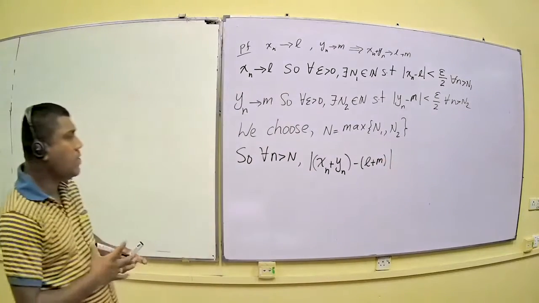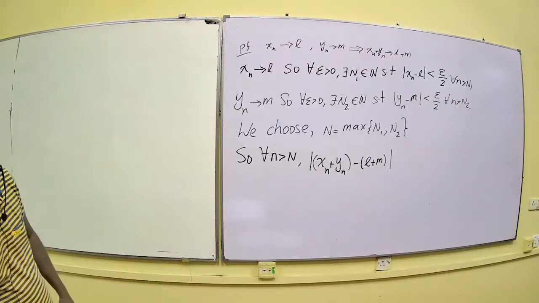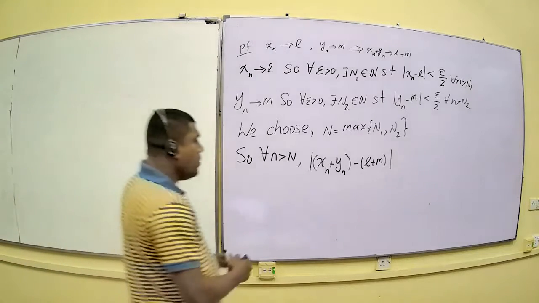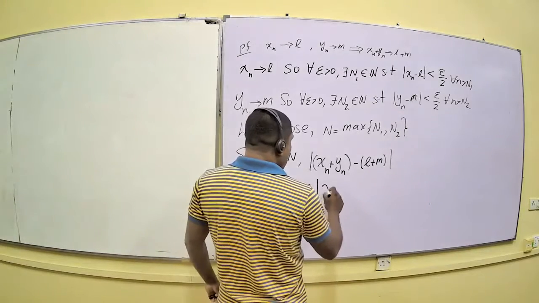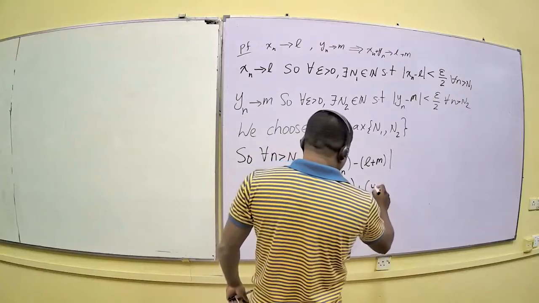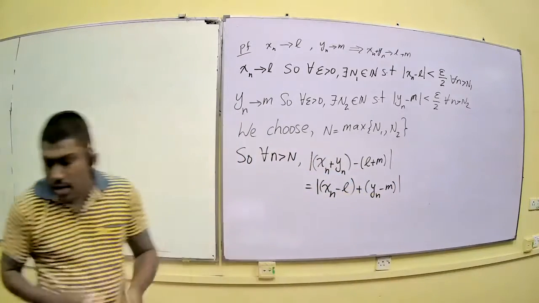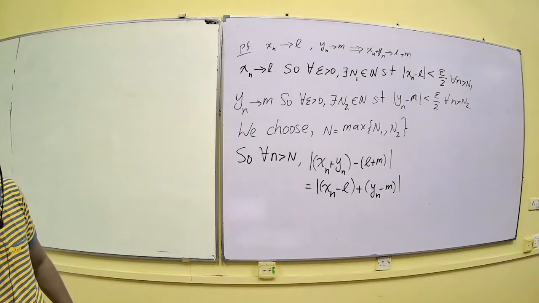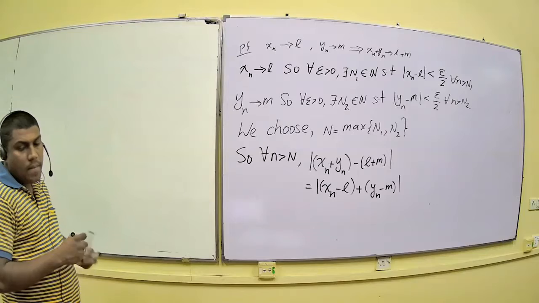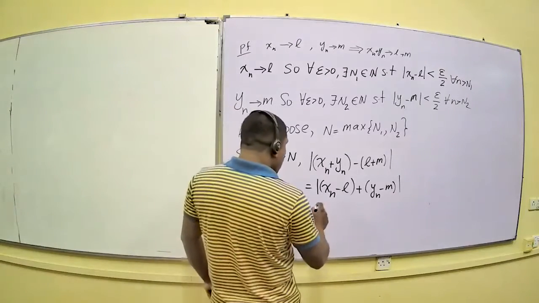So you take xn plus yn minus (L plus M). You can see that this is (xn minus L) plus (yn minus M), and you know the triangle inequality.